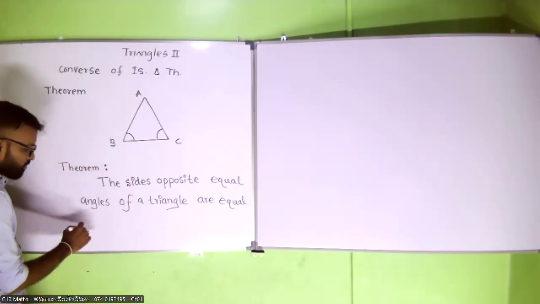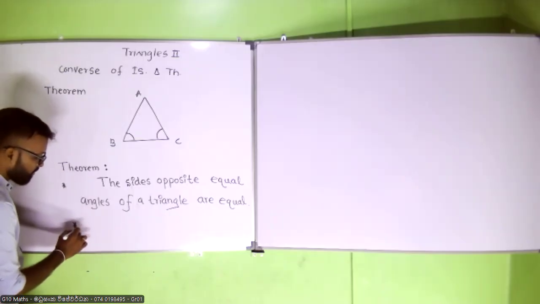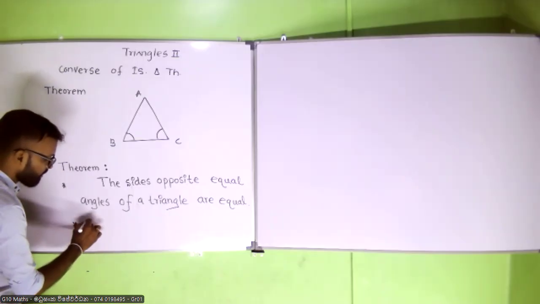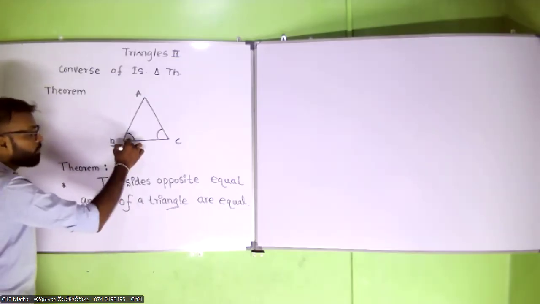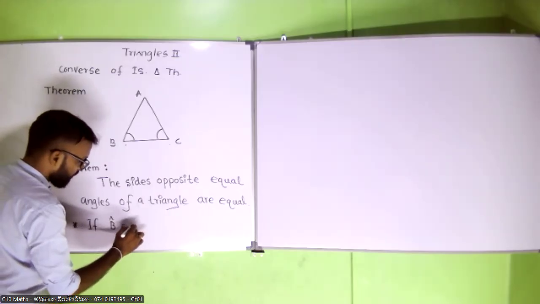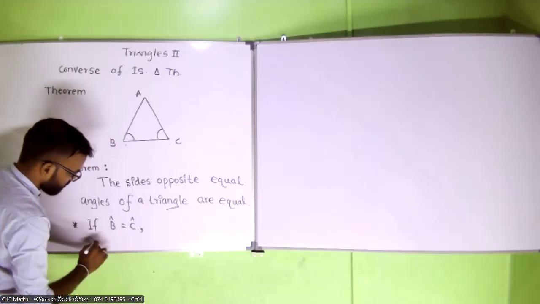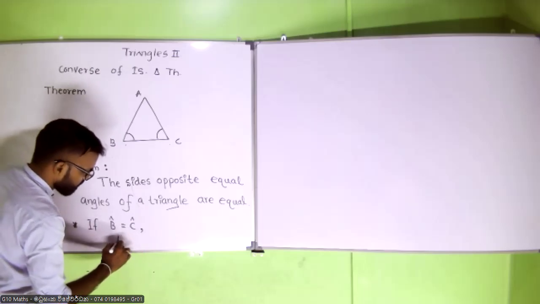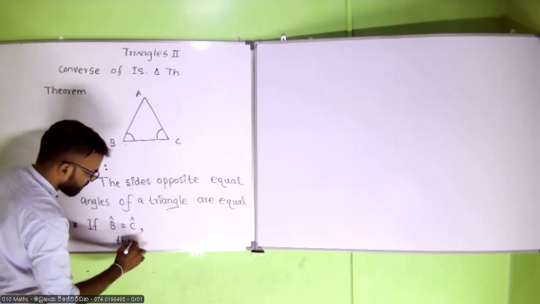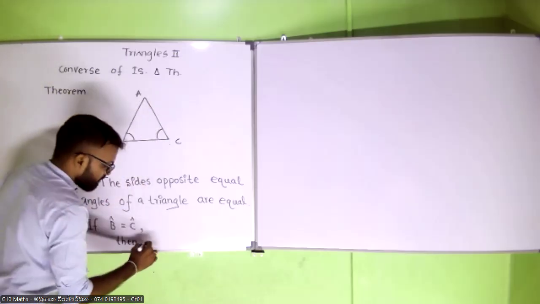Right. So in mathematical form, I can write it. And last week also we did the same thing. If angle B equals angle C, then you can say AB equals AC.